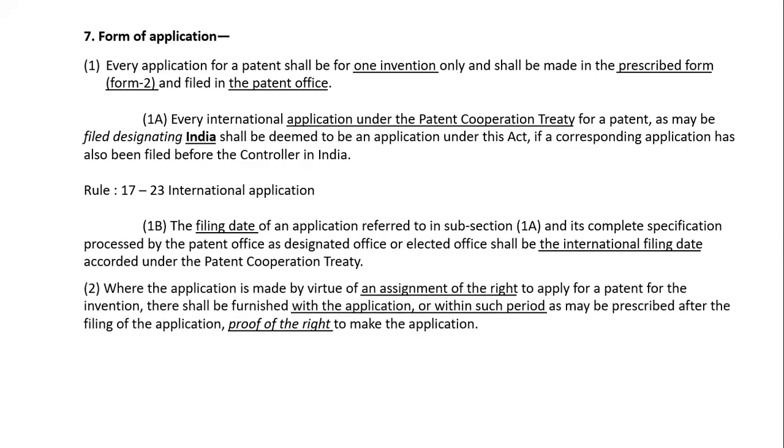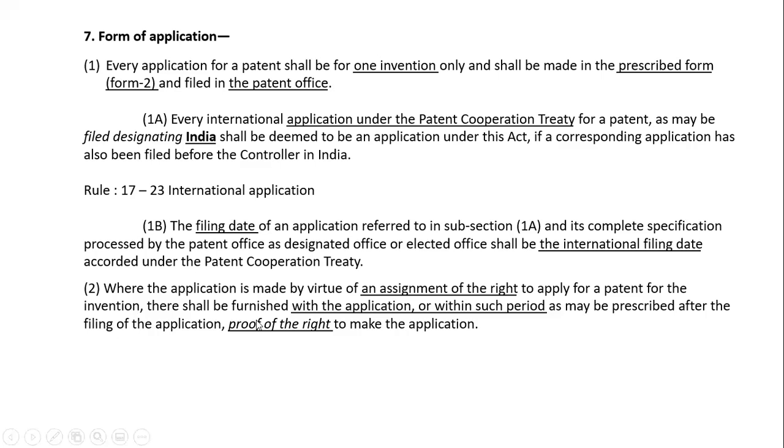Now coming towards the section 7, subsection 2. That says about the proof of rights. Proof of rights is a form 1 that we have to furnish within 6 months of time after filing the application.